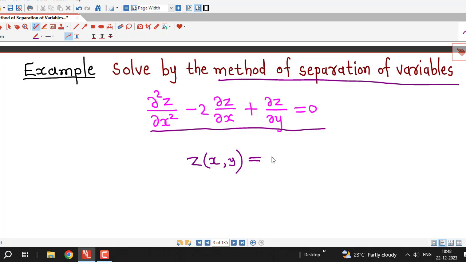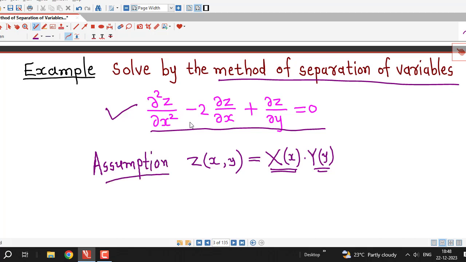So we will start with the assumption that the solution of this equation is in this form: capital X of x times capital Y of y, where capital X and capital Y are functions of x and y alone. Capital X is a function of x only, capital Y is a function of y only. So this is the assumption. We will start the method with this assumption that the given equation has a solution in this form.